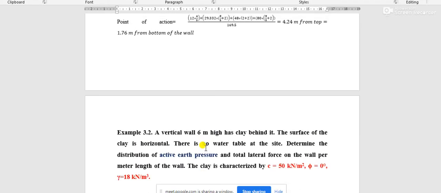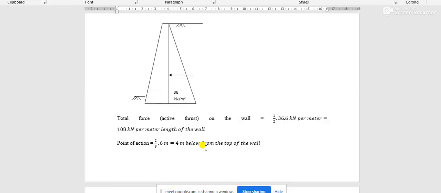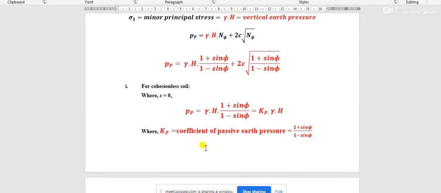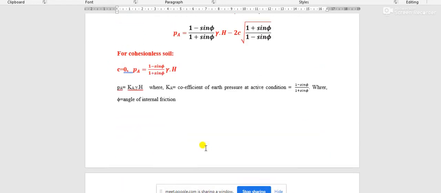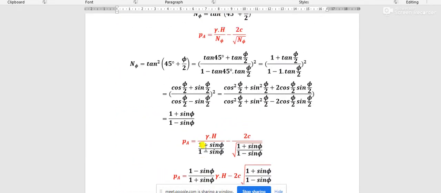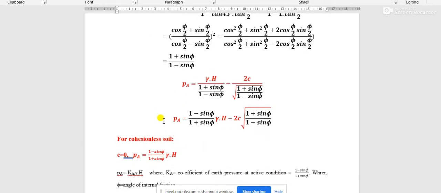Now, in the previous lessons we have discussed the equation for active earth pressure for cohesive type of soil. This is the general equation for the active earth pressure. Sorry, this one is minus and this one is plus.